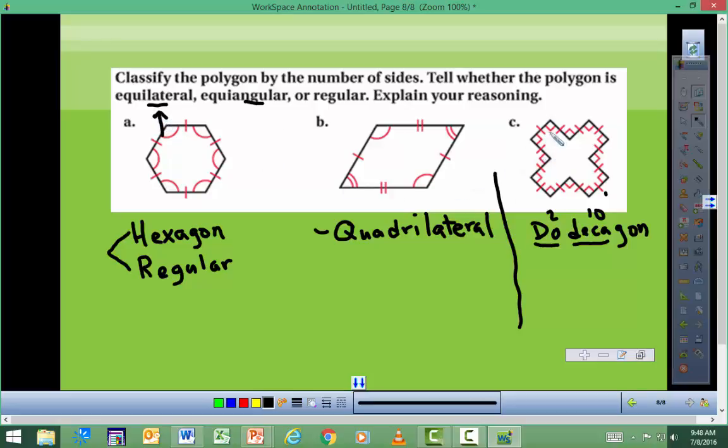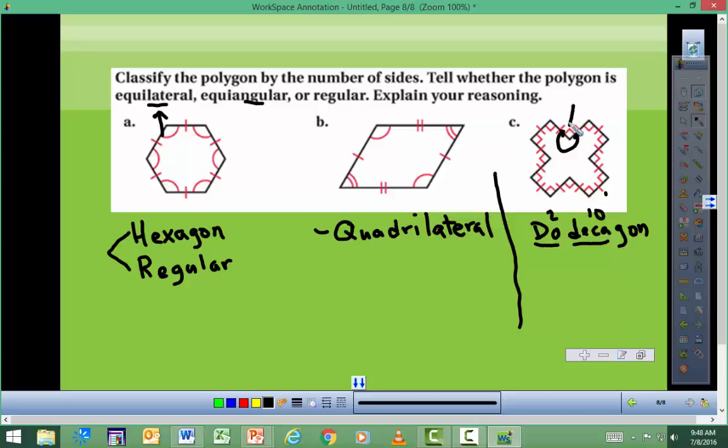Now it almost looks like they're all right angles in here. However, the angles have to be on the interior. So those two angles are right angles, but what is this angle going around here? That is not a right angle.